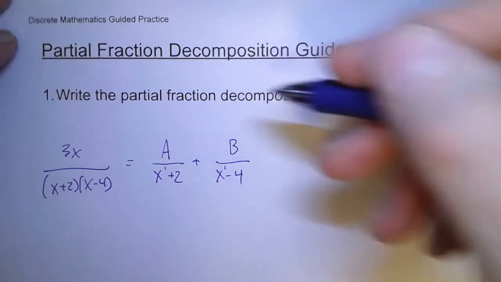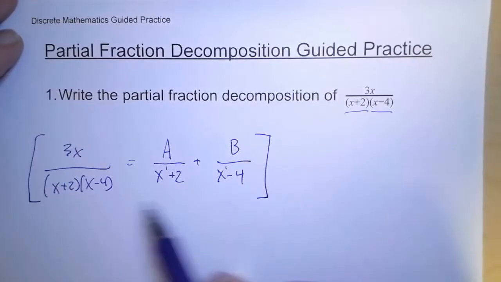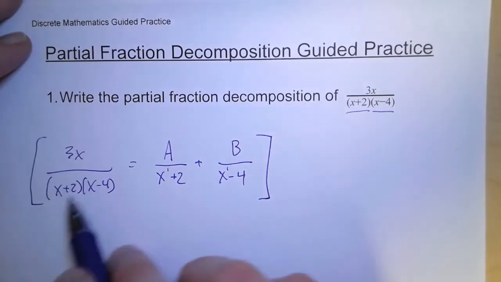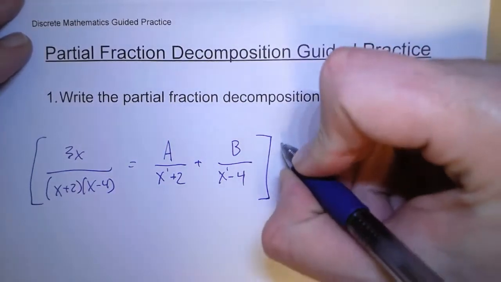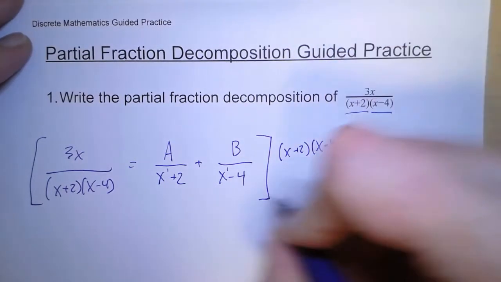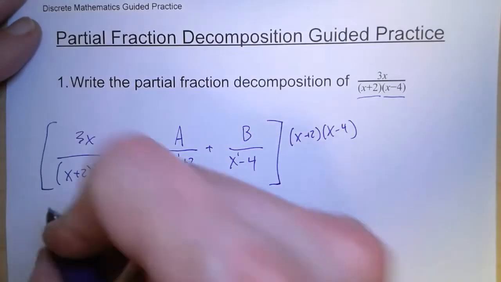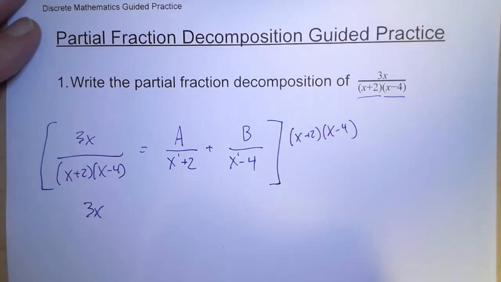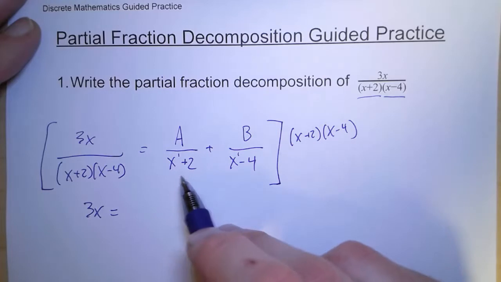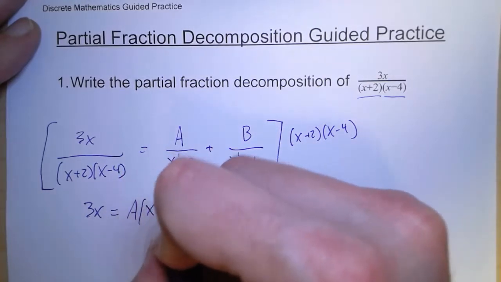So what do we do? Well, once we set it up, we're going to multiply all of these denominators away. And the quick and easy way is to take this quantity right here and multiply it. So we're going to multiply x plus 2 times x minus 4 onto everything. If I multiply this quantity over here, we're going to be left with 3x. If we multiply this quantity over here, the x plus 2 will cancel, leaving a times x minus 4.